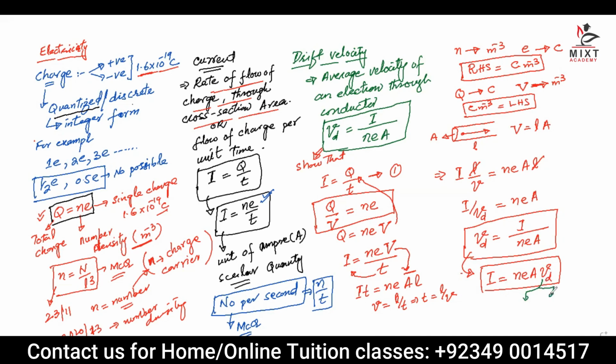Remember that the drift velocity value varies from 10 raised to power minus 3 to 10 raised to power minus 5. So drift velocity is always between 10 raised to power minus 3 and 10 raised to power minus 5. Whenever you calculate the value, this verifies that your drift velocity is correct. Have you noted this? You can take the screenshot also.